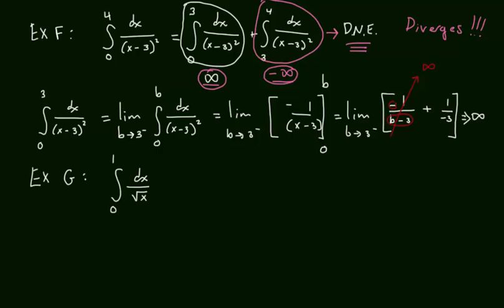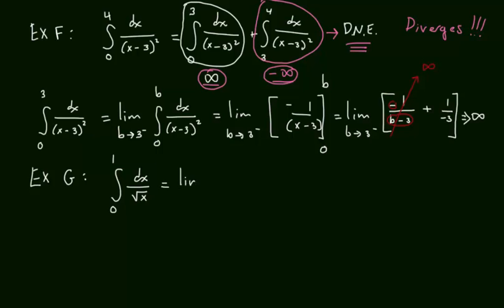Example G. Perhaps you want to press pause and work it out first. So this one does not pass through a point of discontinuity. One of the bounds represents a point of discontinuity, that bound being the 0. Please take a moment and write the limit statement to express this.